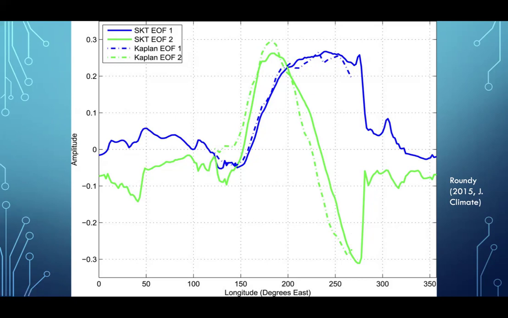But it is the superposition between these two that dominates the location of the warmest anomalies. And so you can use the two of these like a phase clock, like you would for the MJO, acknowledging that this one explains a lot less of the variance than this one does.